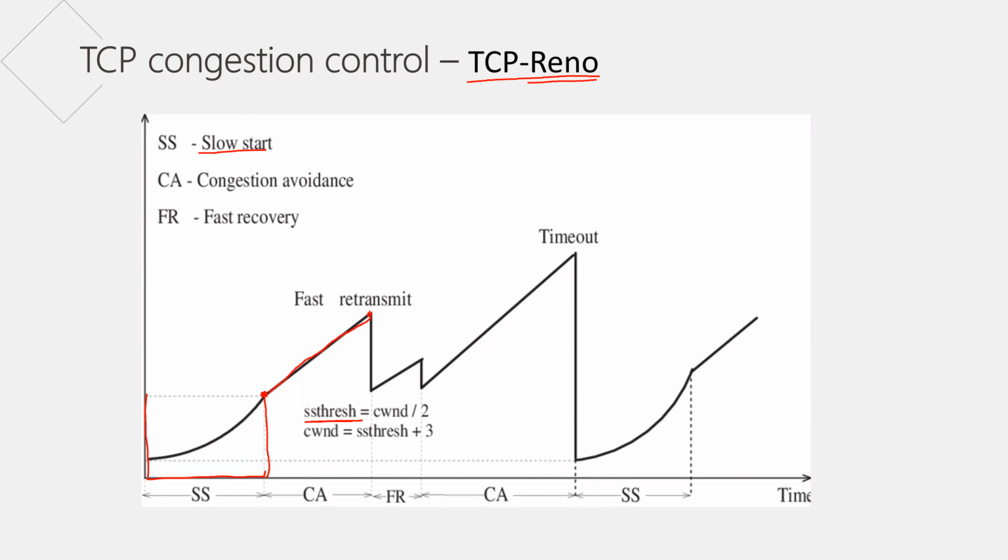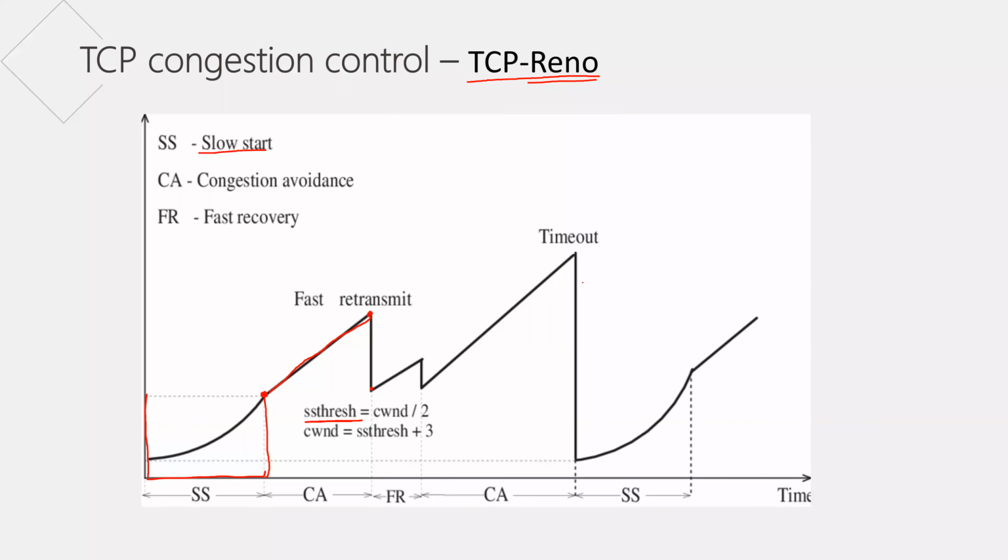Like in here, we find a congestion event. It's called fast retransmit, which means we lost a packet, right? So we just divide our Cwnd by 2, come to this point, and keep using AIMD. Once we find a retransmit or packet loss, we will divide our speed by 2.